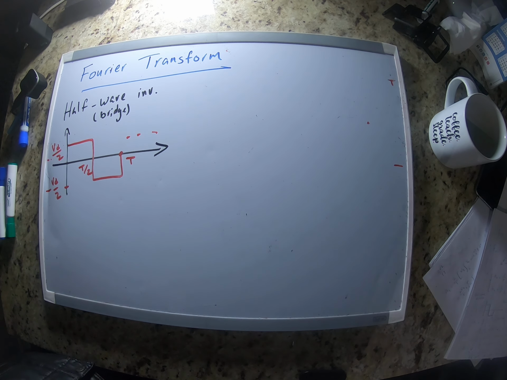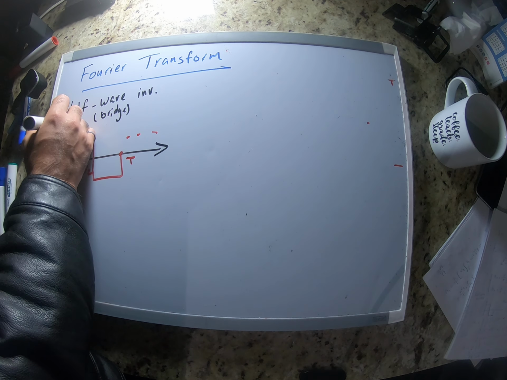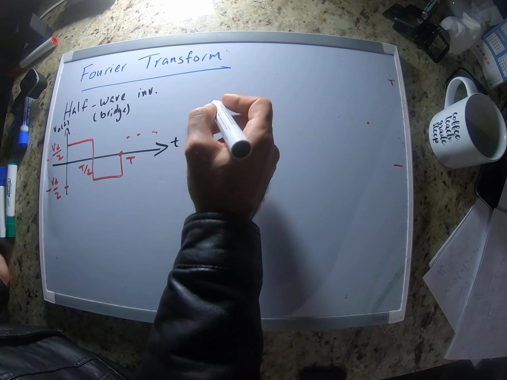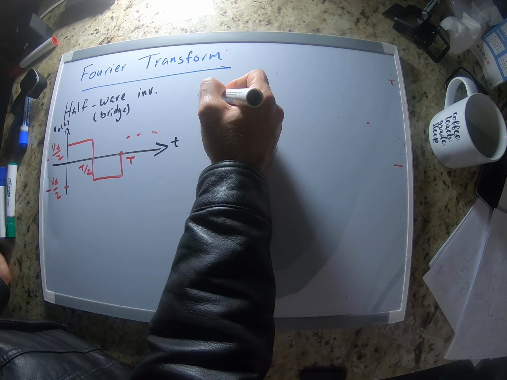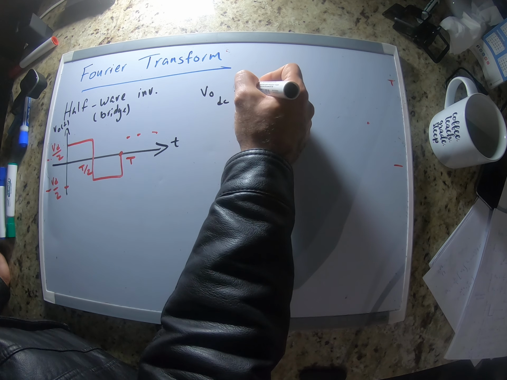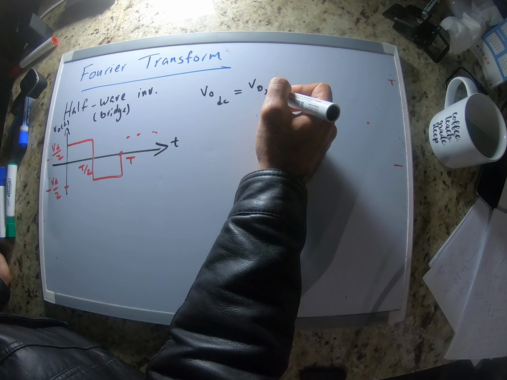So this is the output voltage. First of all, let's find the DC value of this signal, which is also the zero frequency component.